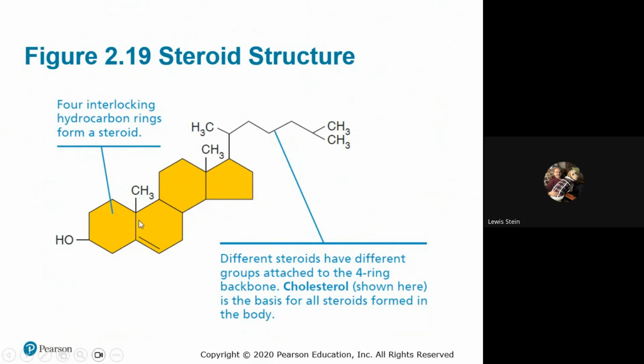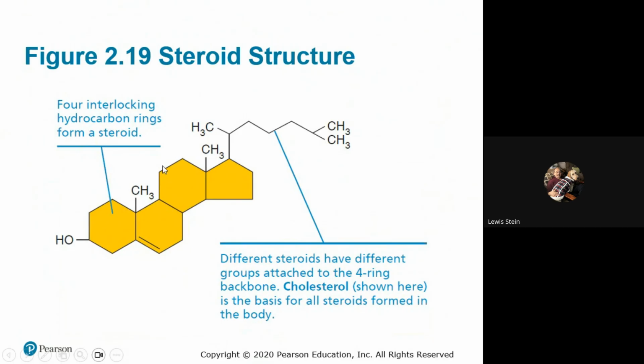This is what cholesterol looks like. These four rings are the backbone. In a membrane, we use the whole molecule. We lop off some of these side chains, and when we look at the chemistry of what estrogen, progesterone and testosterone look like, they're almost identical. With a few little chemical substitutions, they have this four-ring nucleus.